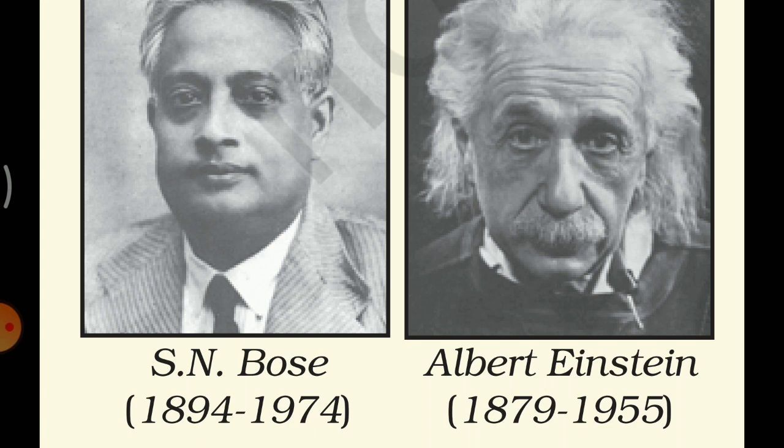Building off his calculations, Albert Einstein predicted a new state of matter, the Bose Einstein condensate, or in short BEC. So the main contribution in the fifth state of matter, BEC, was of S.N. Bose and Albert Einstein.